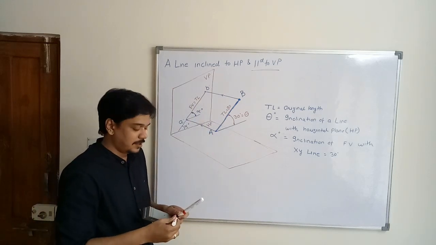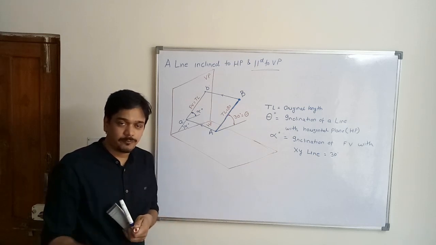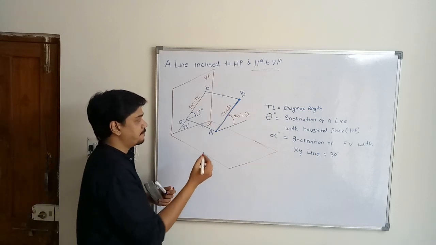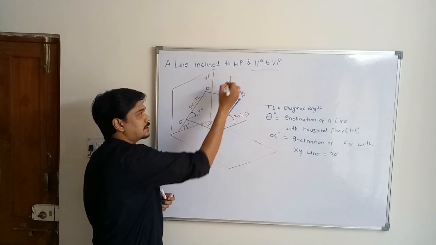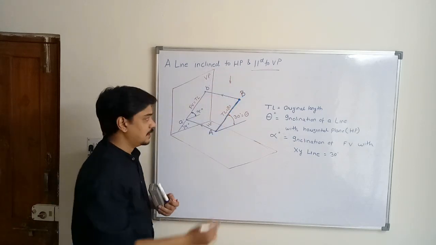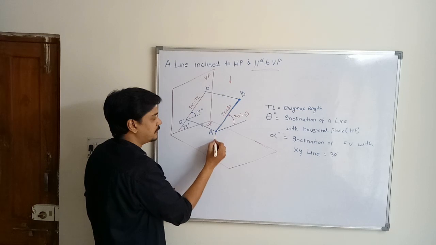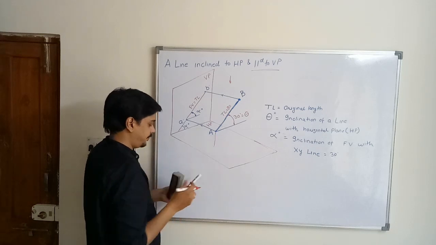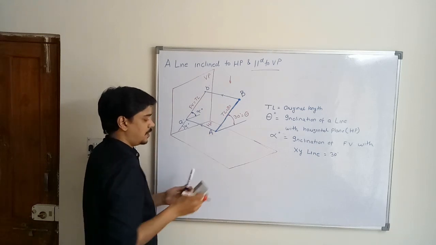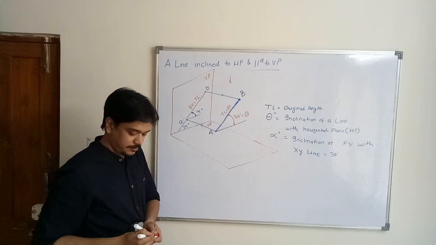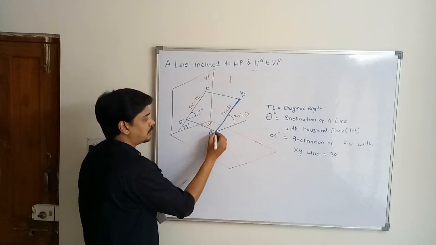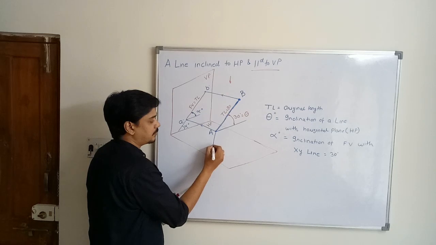Now if you obtain the projection of this line in top view, what will happen? Let's see. If you see this line from top direction, the projection of point A you are obtaining over here.